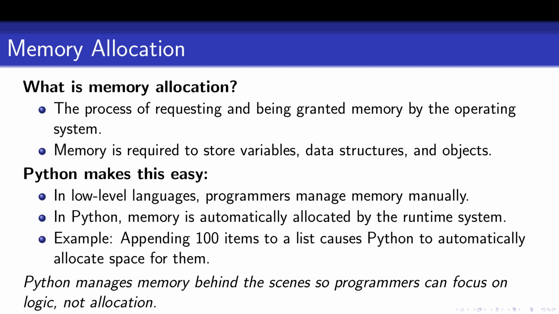For example, if you append 100 items to a list, Python dynamically resizes and manages the required memory. This abstraction allows you to focus on writing logic, not worrying about where data lives in memory. It's a major benefit of working in a high-level language.